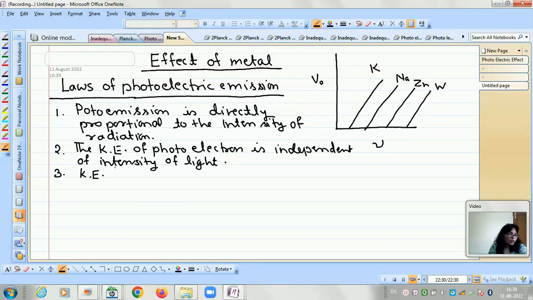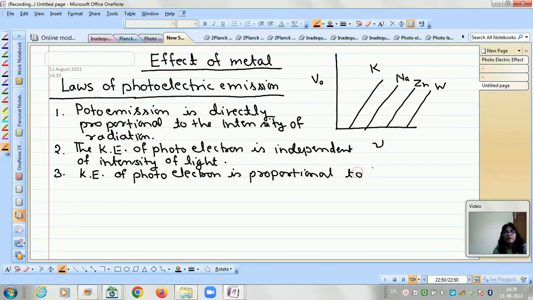Then third is that the kinetic energy of photoelectron is proportional to the frequency.